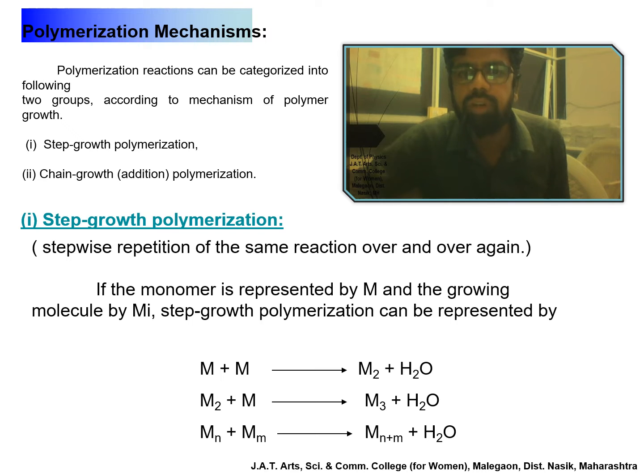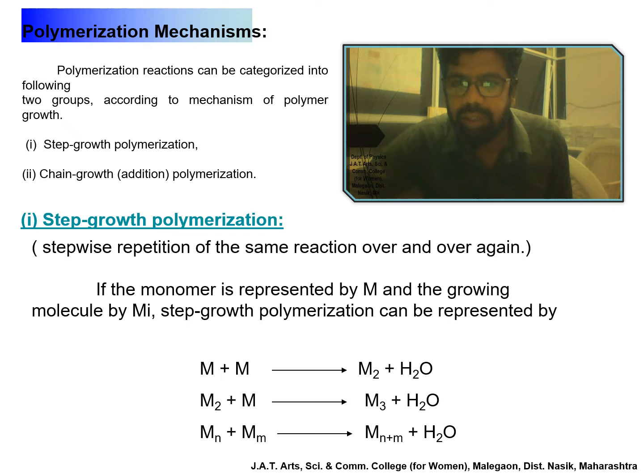Now let us start with the first process, called step growth polymerization. In this process, there is stepwise repetition of the same reaction over and over again. It means that if the monomer is represented by M, then the growth of the molecule by step growth polymerization can be represented by the following reaction. One monomer reacts with another monomer, giving two molecules, M2, with some water content.